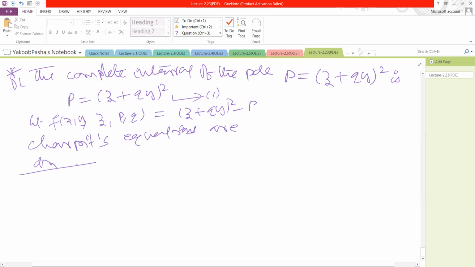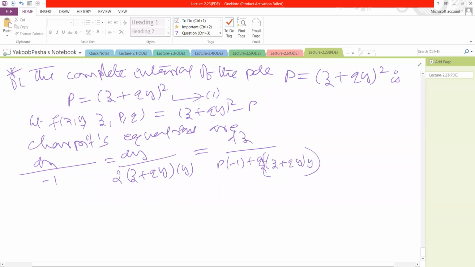dx by fp, that is -1, dy by fq, that is 2 times of (z plus qy) into y, is equal to dz by p into -1 plus q into this term 2 into (z plus qy) into y, that is equal to dp by minus of fx.